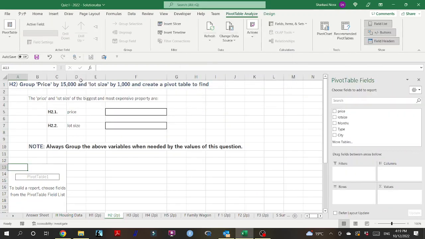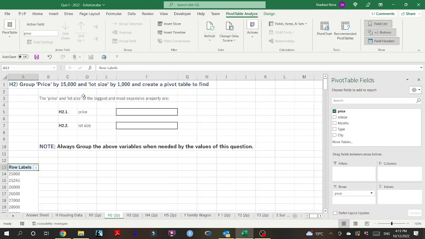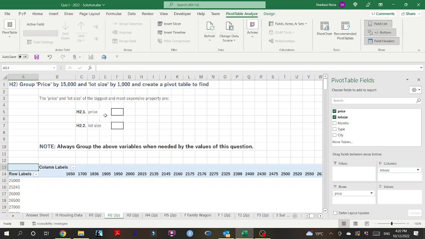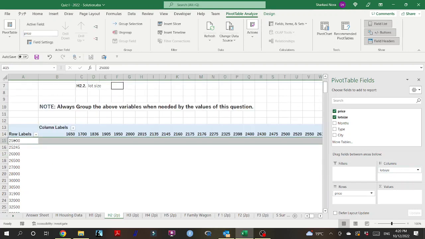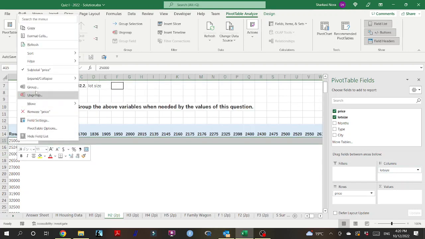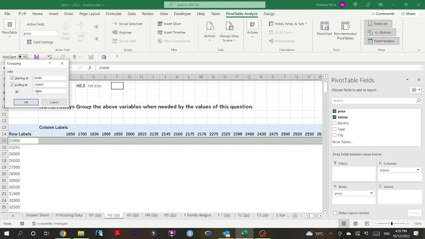Okay, so what is the question about? We need to group price, so we need the price. Then lot size, we need the lot size. And then it says group them, so I'm going to just go ahead and group them. Group this by 15,000.